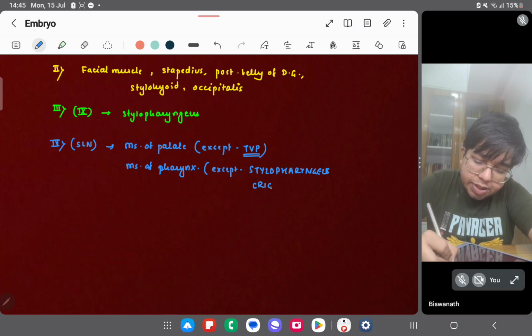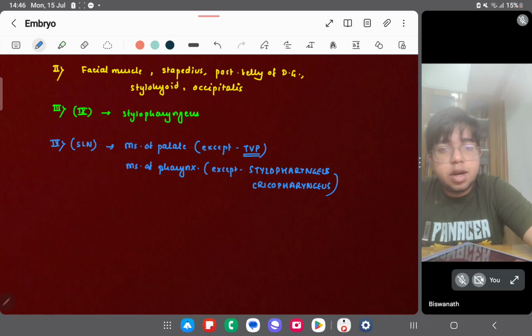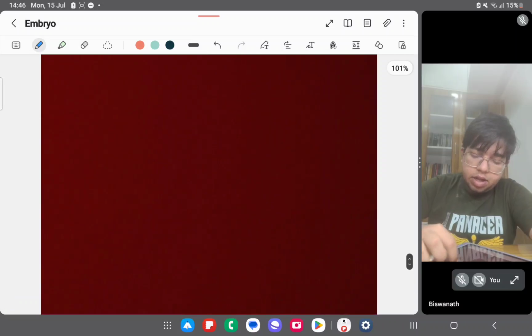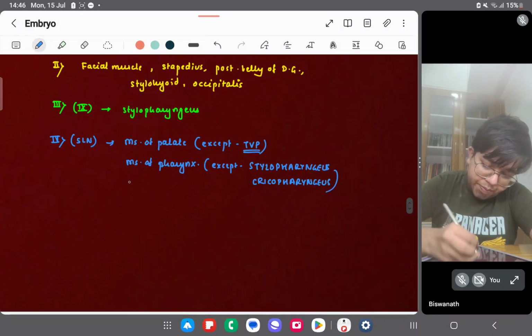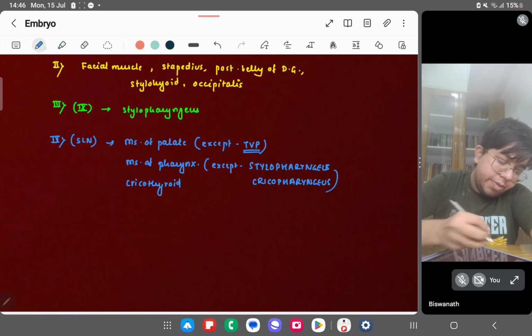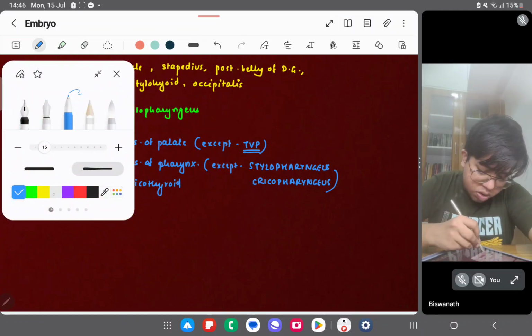And cricopharyngeus. Done. Understood. And we have another muscle which is cricothyroid. Three muscles. Done. Easy. Okay.